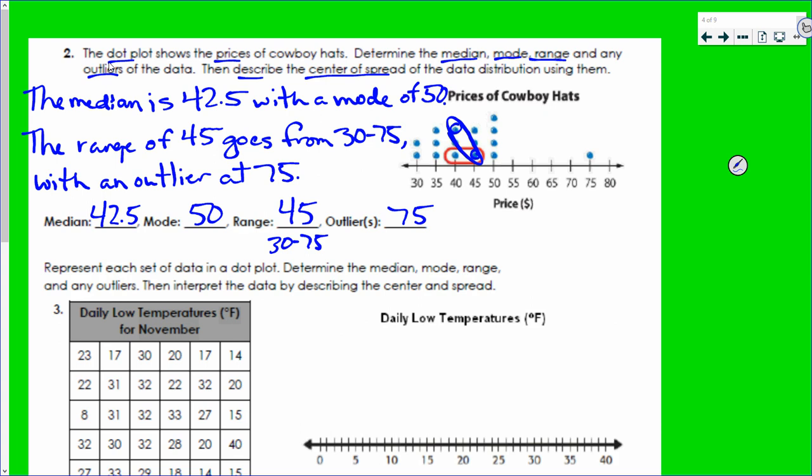So if I were to do the math to discover the mean, it would not be a good representation of the center of the data on this set. So given that the mode is to the right, median would be by far your best descriptor for the center of the data. Make sense? Yeah. Good.